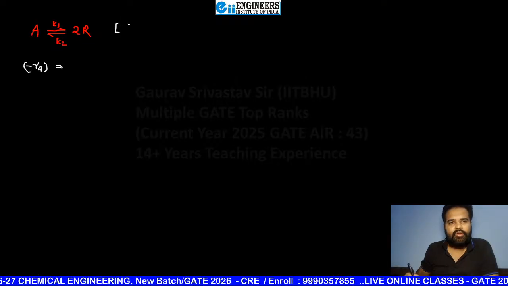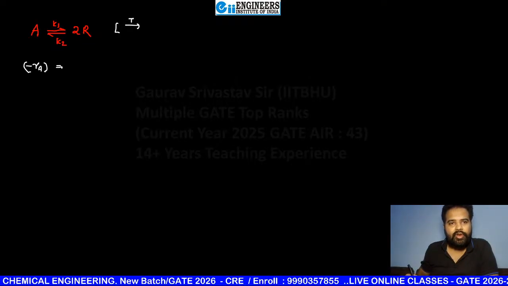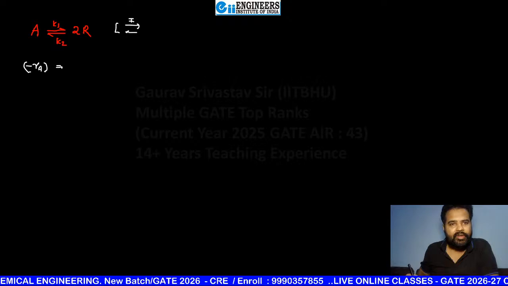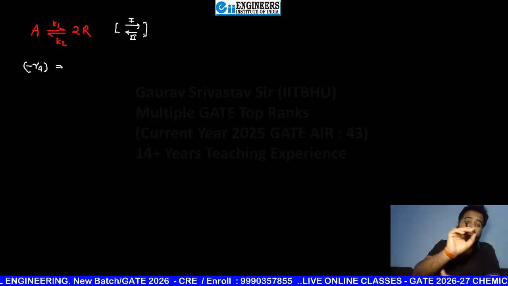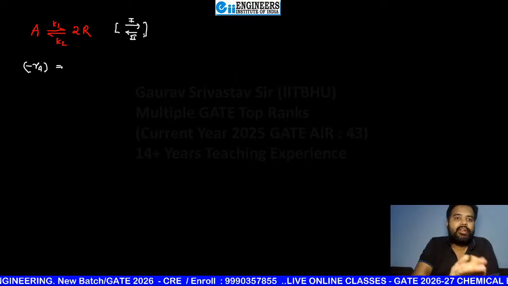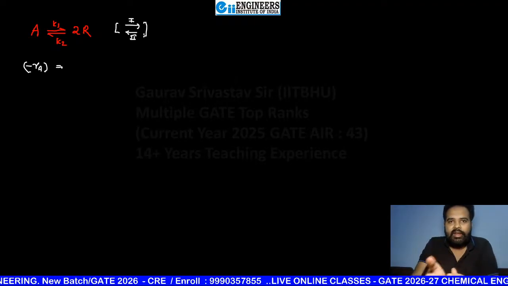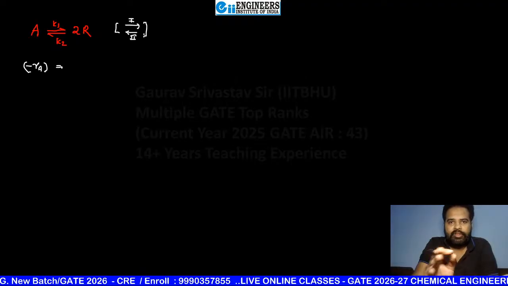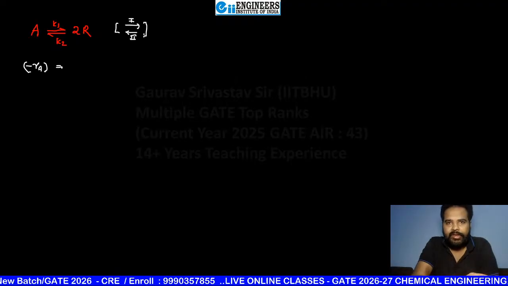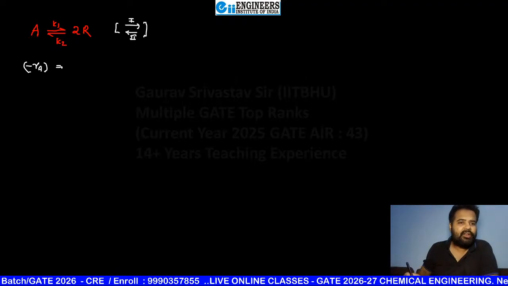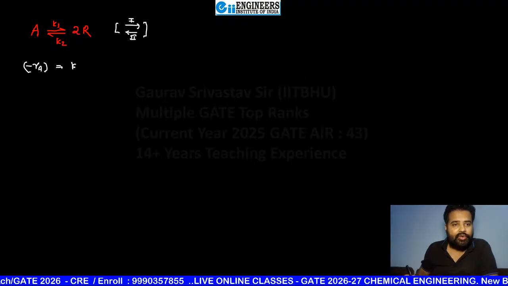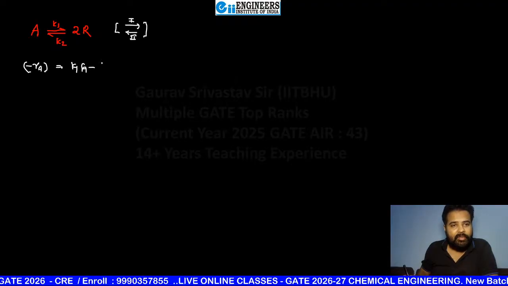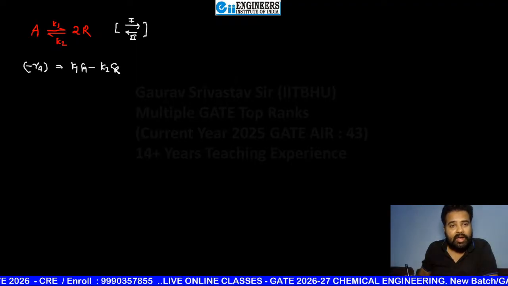Okay, that forward is first order, then definitely here backward is second order. Or either this word they can use, or they can use like both reactions are elementary, forward and backward. If elementary, then definitely stoichiometric coefficient is your respective order with respect to that side. So this time beta RA you have to write like K1 CA minus K2 CR square.